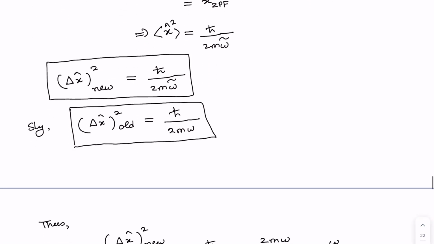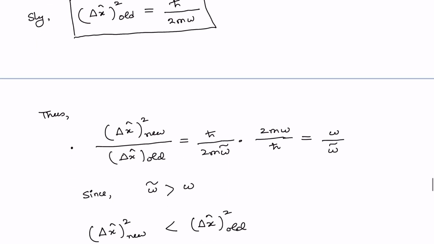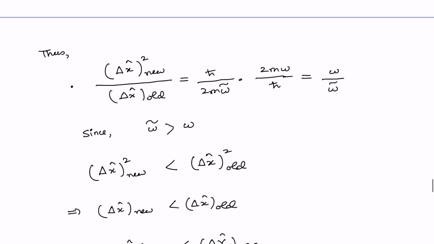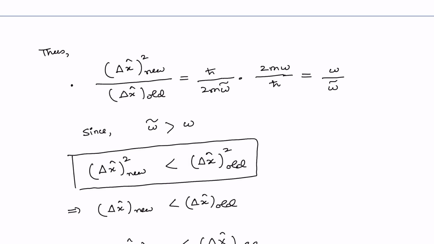And if you compare both of them, if you take the ratio of the variance for the new harmonic oscillator and the old one, then you see that the variance for the new harmonic oscillator is less than that of the old harmonic oscillator. It also means that the position uncertainty for the new harmonic oscillator is less than that of the old one.